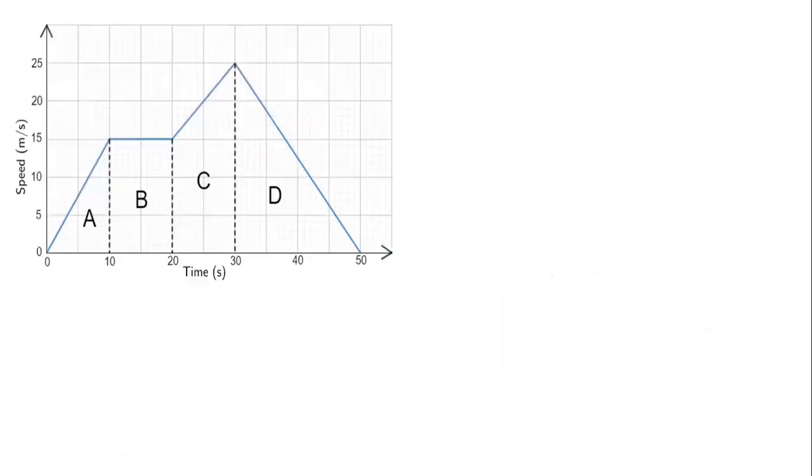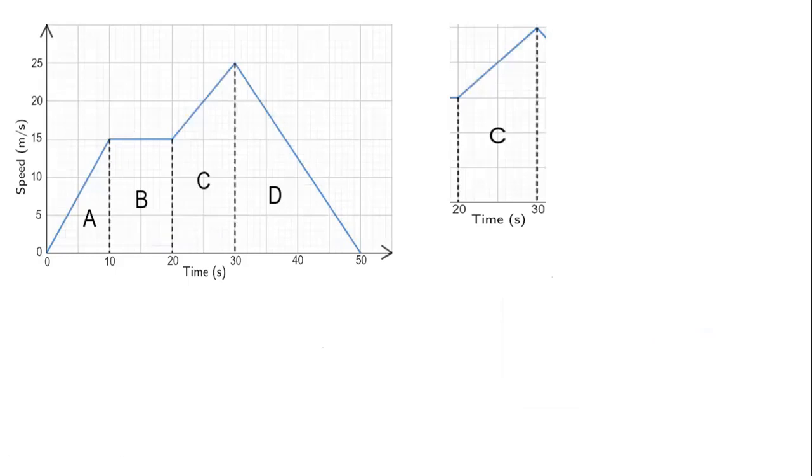We proceed, we look at C. So C, as you can see, it's a trapezium because it has got A, B, and height there. So you know that the distance for A from there all the way up to there is 15. So your A is 15. Then from there all the way up to the far end here, it's actually what? 25.